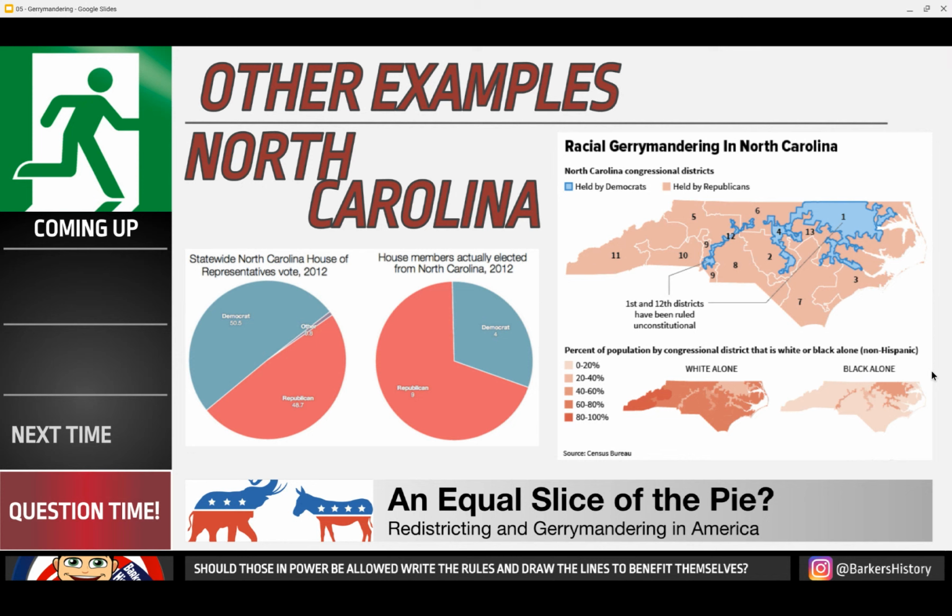It's got a fair amount of people who are leaning to the left, who are leaning more liberal, right? But if you looked at their proportion of members of the House of Representatives at the end of that election, the Democrats got 4, and the Republicans got 9, even though more people voted for Team Blue than Team Red.